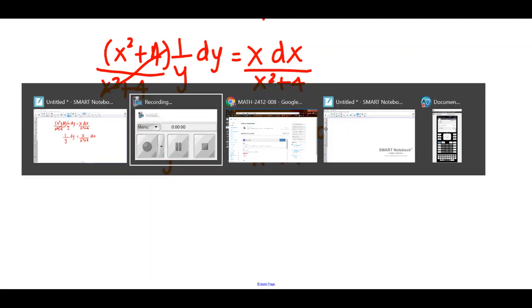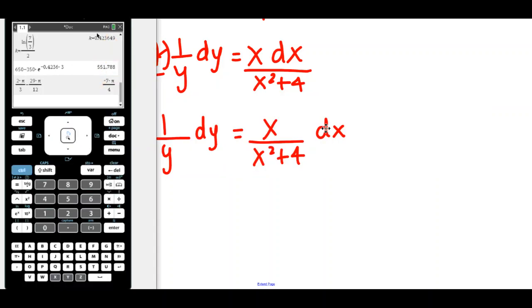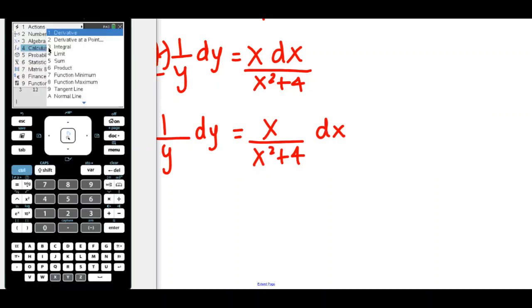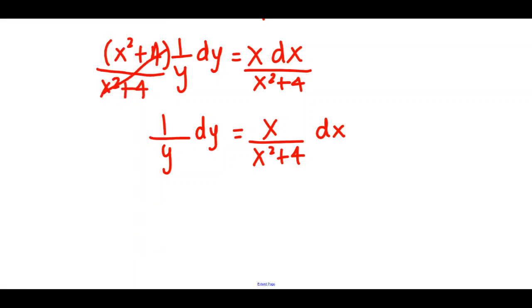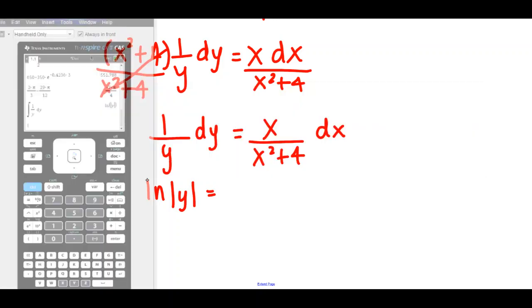So what we're going to do next is find those integrals using our calculator. I'm going to hit Menu, Calculus. We want to find the integral, and we're going to do 1 over y dy. That gives me natural log absolute value of y. Then we're going to do the same thing for the right side.